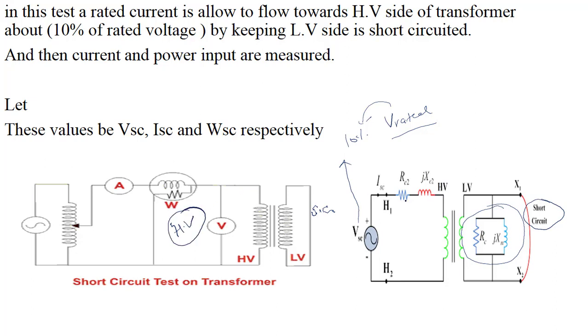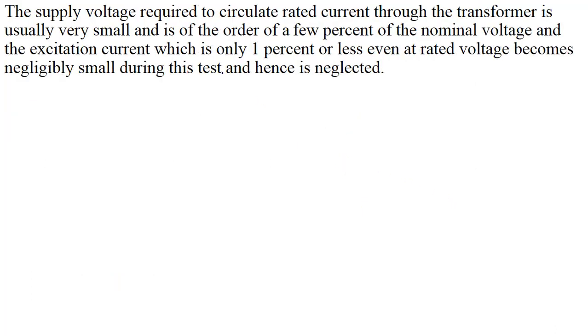Let's go to the next slide so that we can remove this shunt parameter and proceed toward finding the copper losses and the remaining series parameters. The supply voltage required to circulate rated current through the transformer is usually very small, of the order of a few percent of the nominal voltage, and the excitation current, which is only 1% or less even at rated voltage, is negligibly small during this test and hence is neglected.